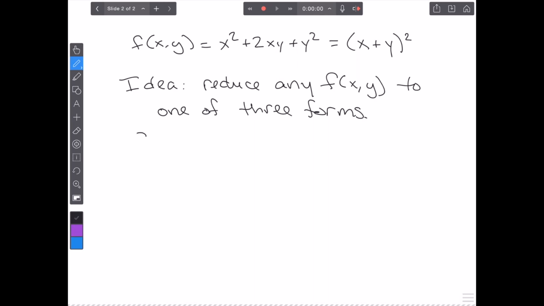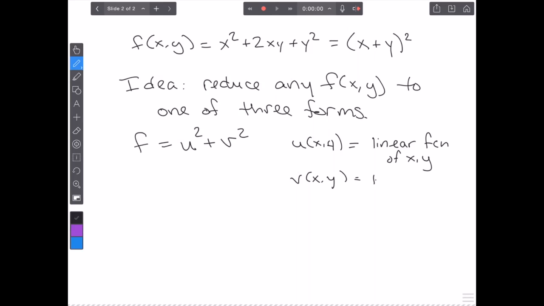I won't write f of x,y, but f could be equal to something like u squared plus v squared, where u is a function of x and y, by which I mean a linear function, something like a constant times x plus another constant times y. We won't be too specific yet. So u is a linear function of x and y, and also v is a linear function of x and y.